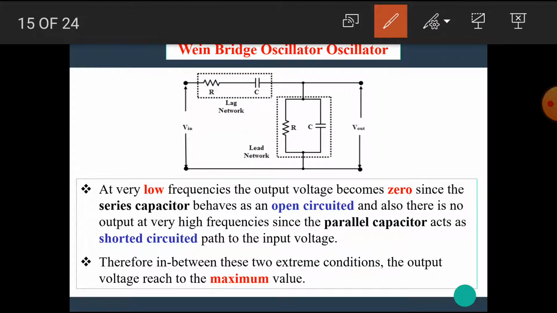Let's see once again. During the low frequencies this capacitor acts as the open circuit, that means there is no connection here, and during the high frequencies this capacitor acts as short circuited, that means a direct connection here. During these two conditions, this V out has the maximum value.